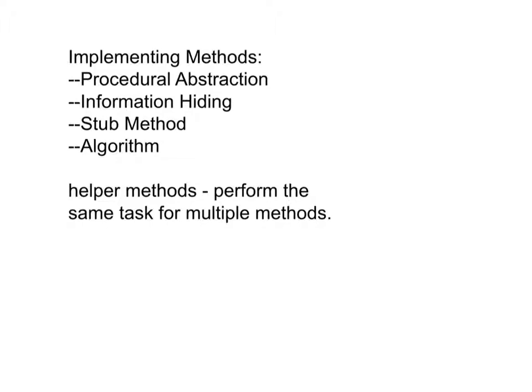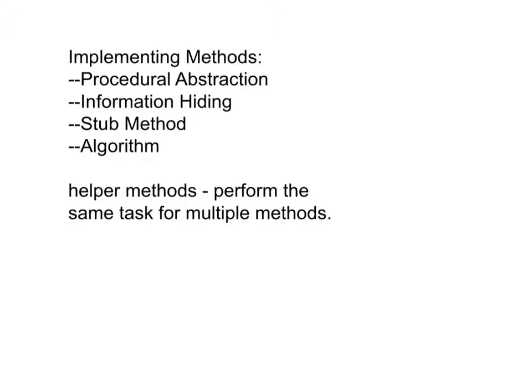And that is known as procedural abstraction, where it allows that helper method to work with many other methods. There's also information hiding, which again talks about that private variable that we worked with. And again, that's a great banking example.